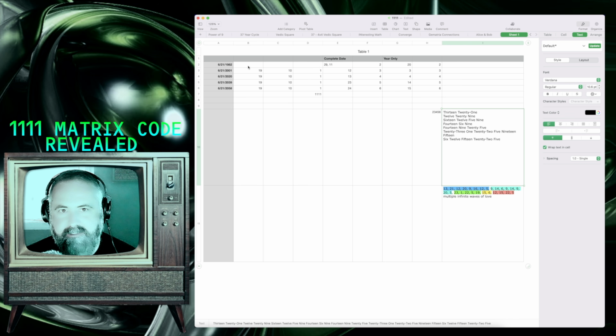Now, here's what's interesting. That's a huge span of time. However, 19 years later from 1982, in 2001, also on June 21st, we had another solstice solar eclipse. 19 years from that, in 2020, June 21st, we had another one. In 2039, we'll have another one.